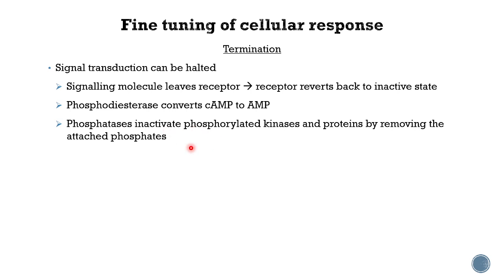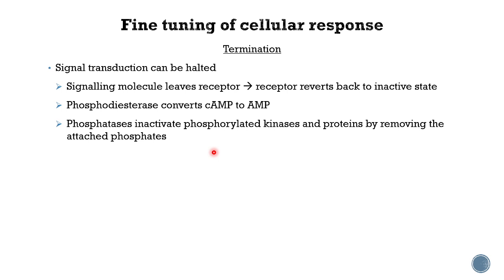And then we also mentioned signal transduction via phosphorylation, the phosphorylation cascade. Phosphorylation activates the protein, the kinases. Now dephosphorylation by the enzyme phosphatase would then inactivate all these proteins or kinases, again stopping the signal transduction.